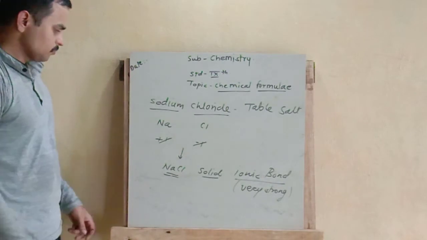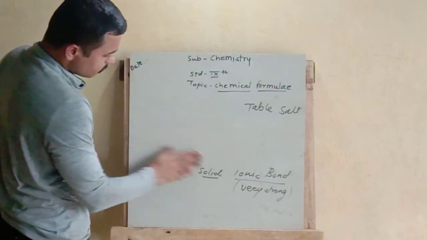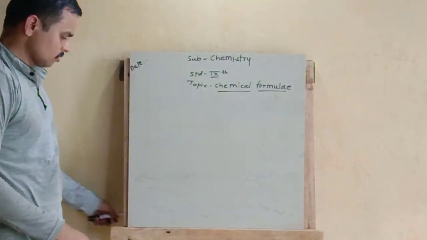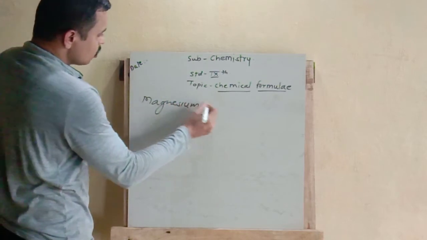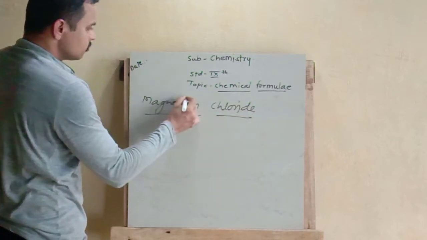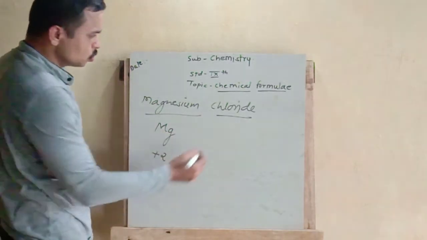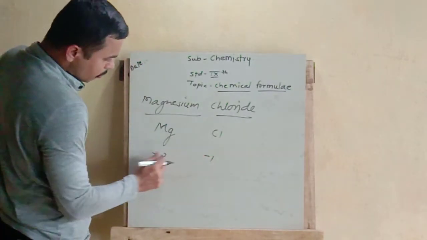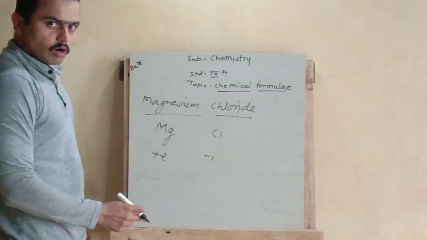This is one example. Now I am going to the next example. Suppose the question given in your exam is magnesium chloride. What is the symbol of magnesium? Mg. What is the charge of magnesium? +2. What is the symbol of chloride? Cl. What is the charge? -1. So the numbers are not equal, +2 and -1.